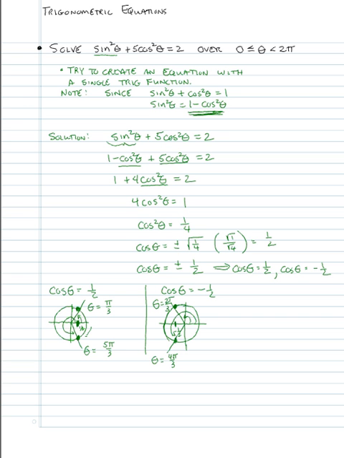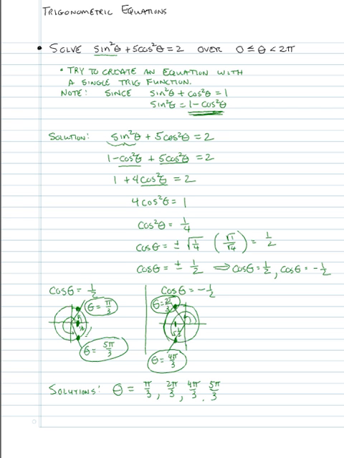And so if we write these in order, you see this would be the smallest, then this would be the next one, this would be the one after that, and then this would be the last one. So the solutions that lie between 0 and 2 pi are the values of theta that are pi over 3, 2 pi over 3, 4 pi over 3, and finally 5 pi over 3.